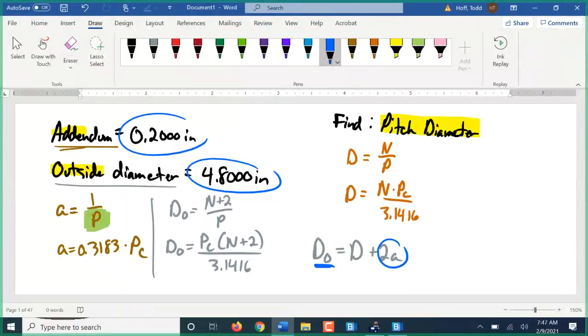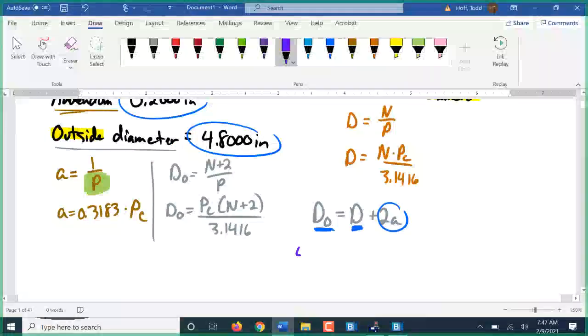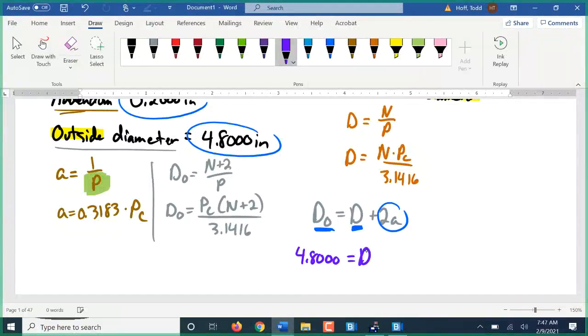So we can work backwards to find the pitch diameter here. So we put in the information we have. The outside diameter is 4.8000. We're looking for the pitch diameter. So plus 2 times the addendum we're given, 0.2000. And now we solve this.